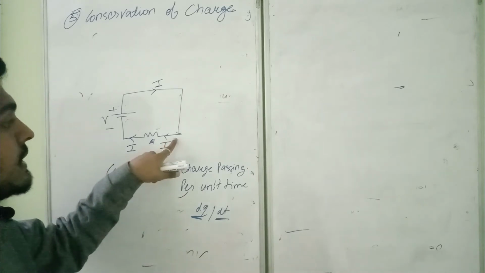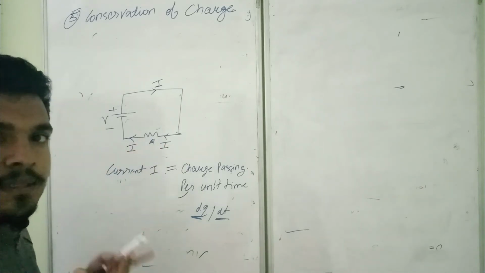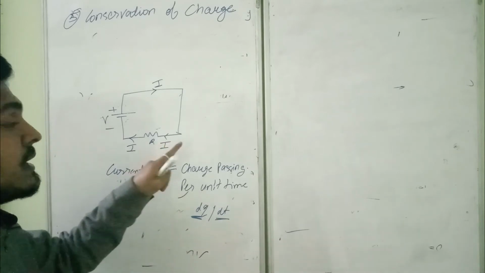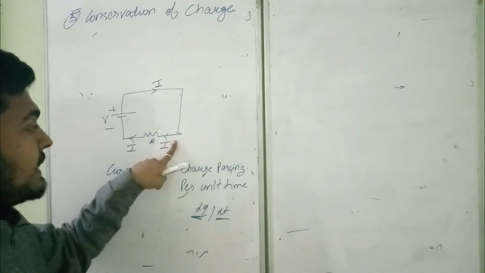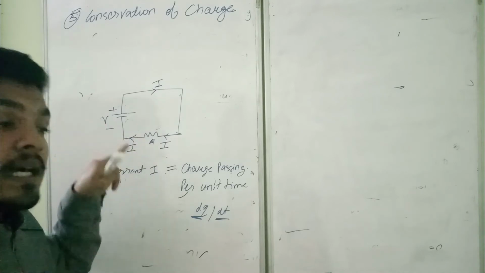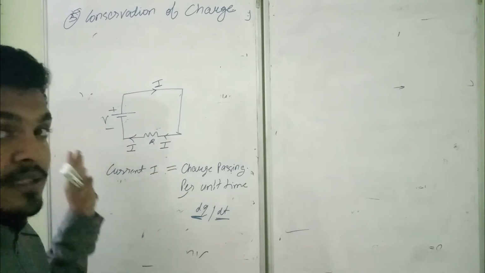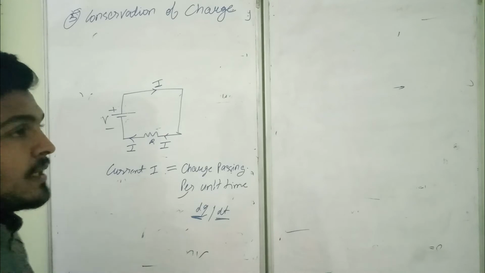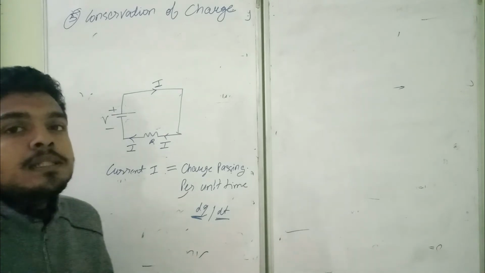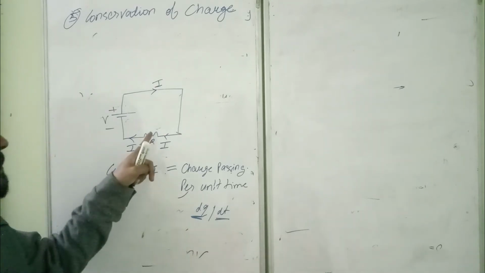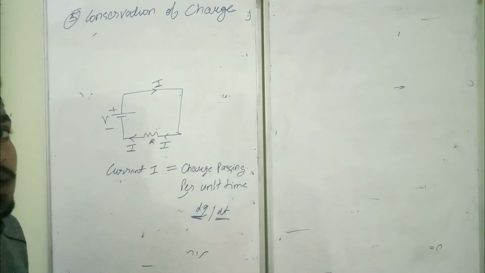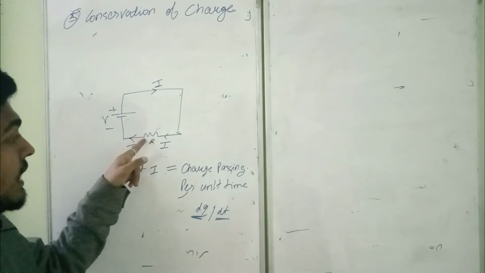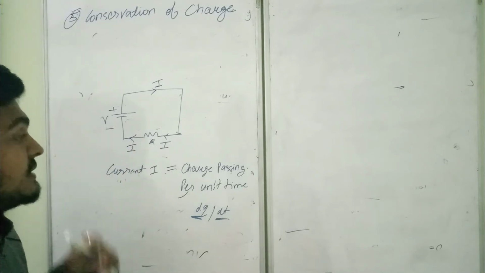So if the current entering is equal to the current leaving, what does this mean? This means that the rate at which the charge is entering is equal to the rate at which the charge is leaving this resistance. This means that the charge is not accumulated anywhere in this conductor, in this resistance.